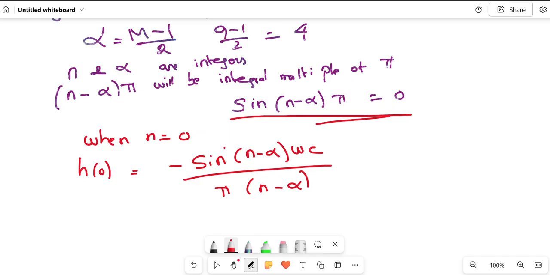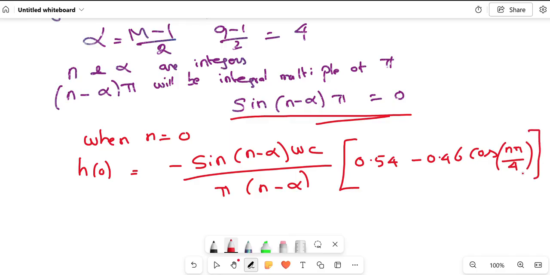So this is sufficient. You will get minus sine (n minus alpha) omega c by pi (n minus alpha) into the window function, 0.54 minus 0.46 cos n pi by 4.